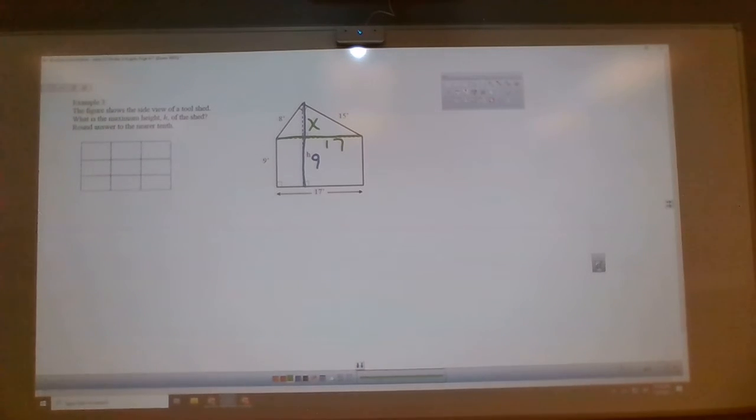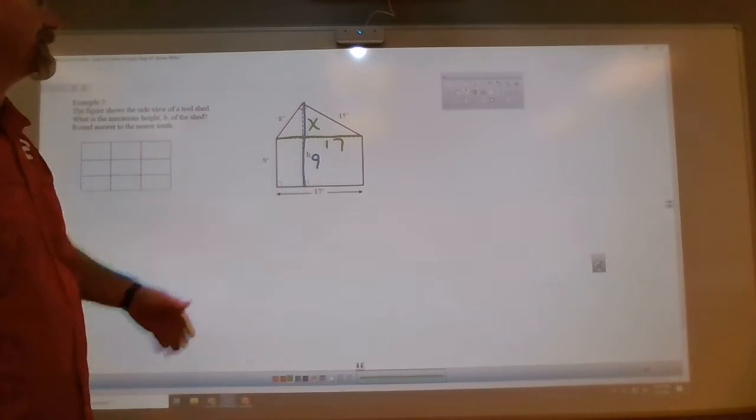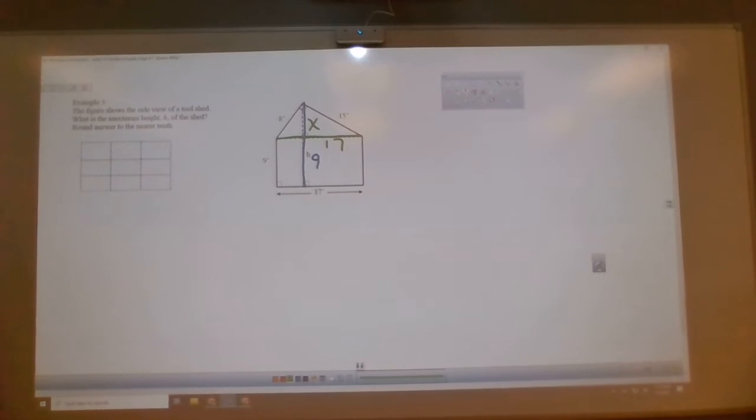All right, now we're going to do our same thing that we did because we need to find this x because we want to find the height of the whole thing, 9, and then add 9 to it and find the answer. Okay? So then we'll say that we have a short leg, long leg, and a hypotenuse of the small, medium, and large.